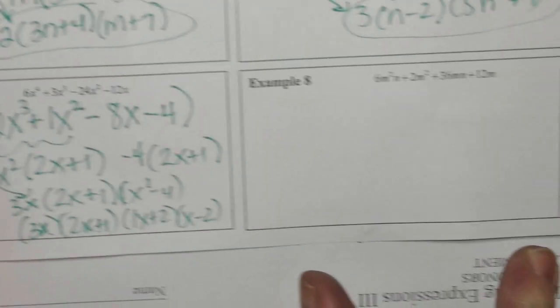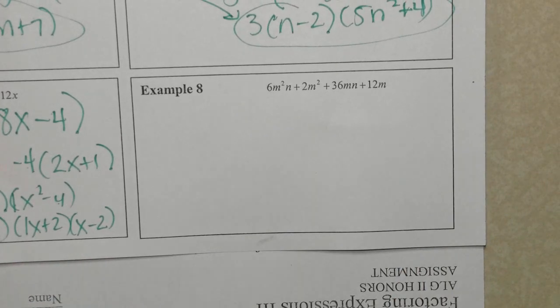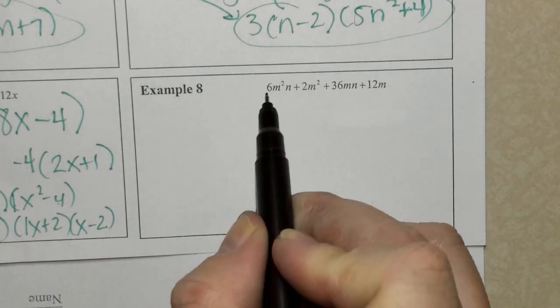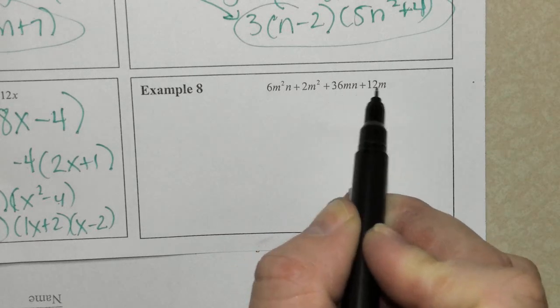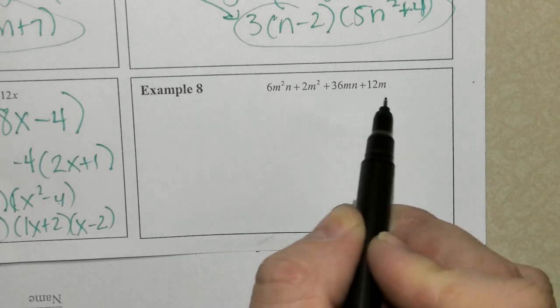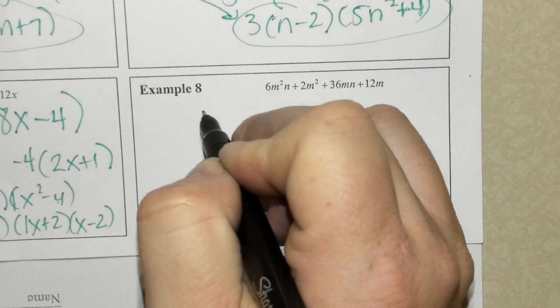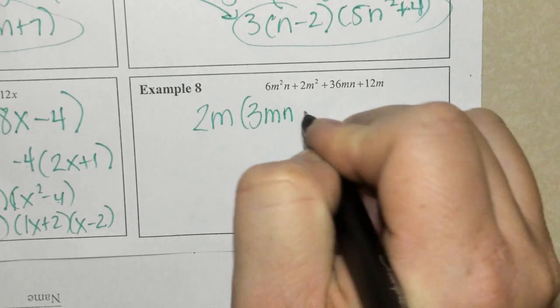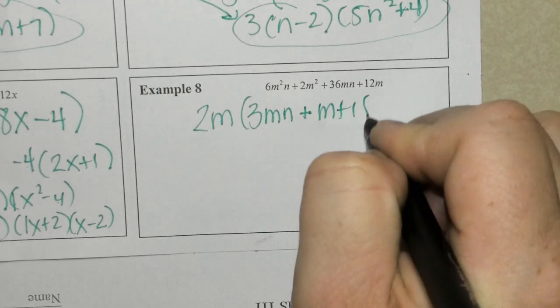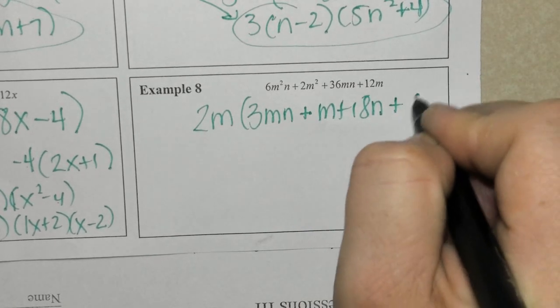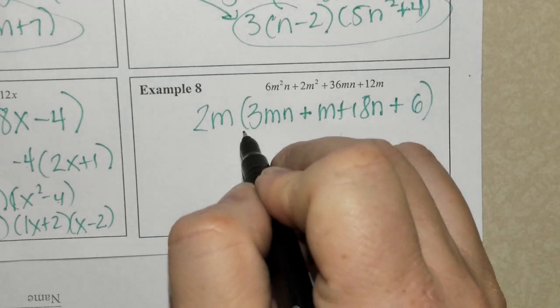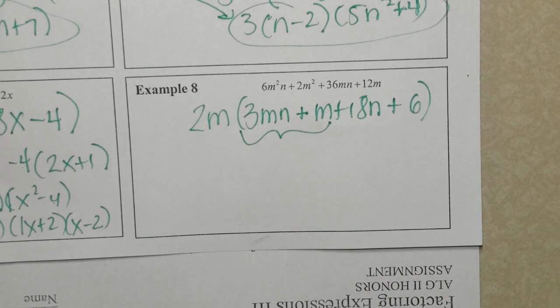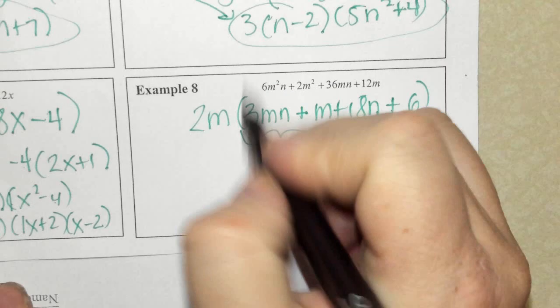Okay, our very last one is example number 8. So not only can I divide by a numerical value of 2, I can see they all contain at least one m I can pull out. So I'm going to factor out a 2m. Then in the first two terms in the parentheses, the most I can factor out would be the variable m.